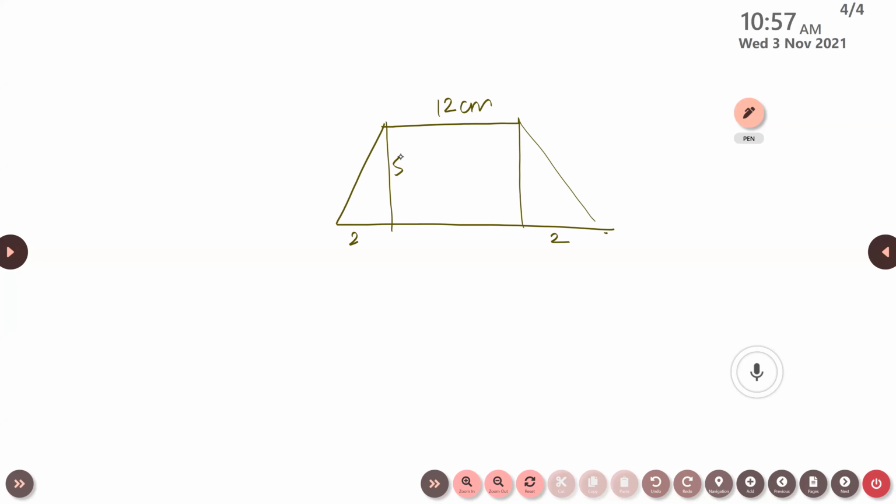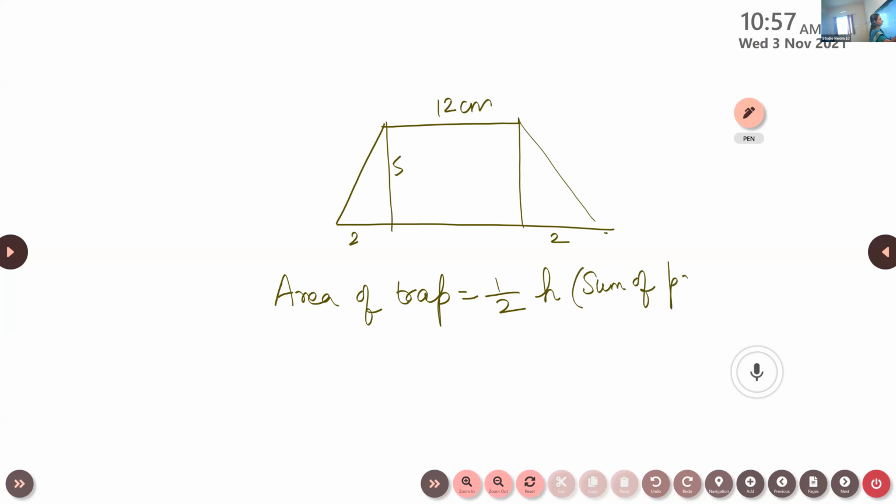So what is the formula for area of trapezium? Area of the trapezium is half into height into sum of parallel sides. So half into height 5 into sum of the parallel sides, 12 plus 16. Simplify and find the answer.